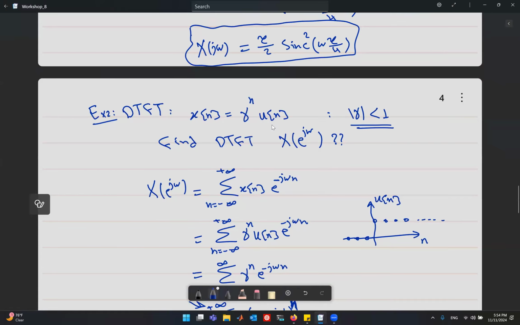And it is exponential because if we plot it, assuming that the absolute value of gamma is less than 1, it will decay exponentially. This x[n] will decay exponentially. So we call this a discrete time exponential signal.